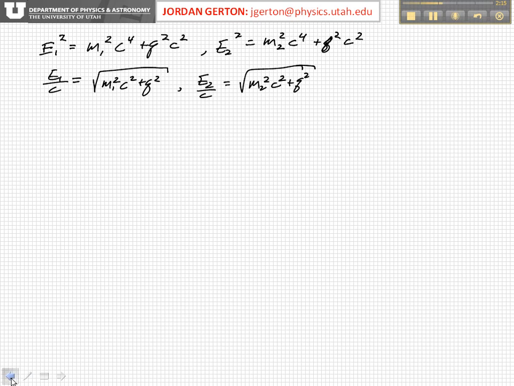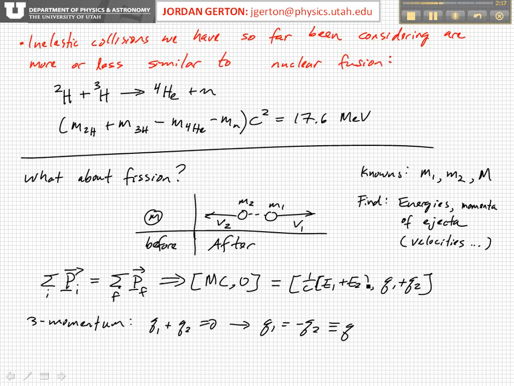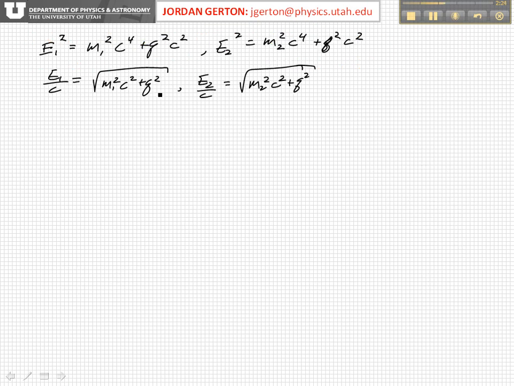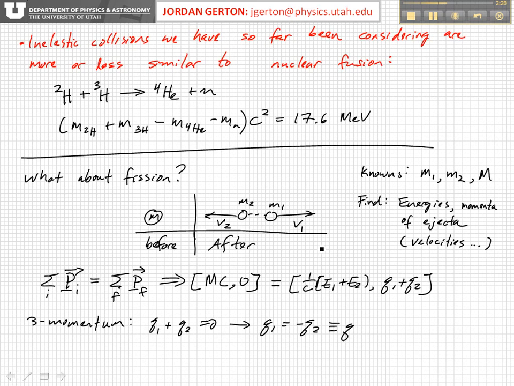So in principle, this is what we'd plug in here. We would sum those two expressions, which I just wrote down for E1 and E2 over c, okay? And we would equate that to big Mc.